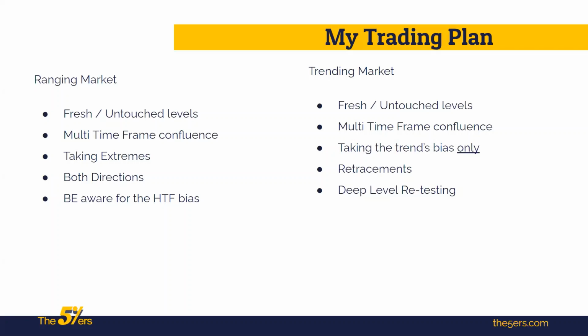On a trending market, I would want to trade only the market bias. I would wait for price to go in a certain direction, wait for retracement, then take a fresh level of retracement activity. On a ranging market, I can trade both extremes until it gets broken.